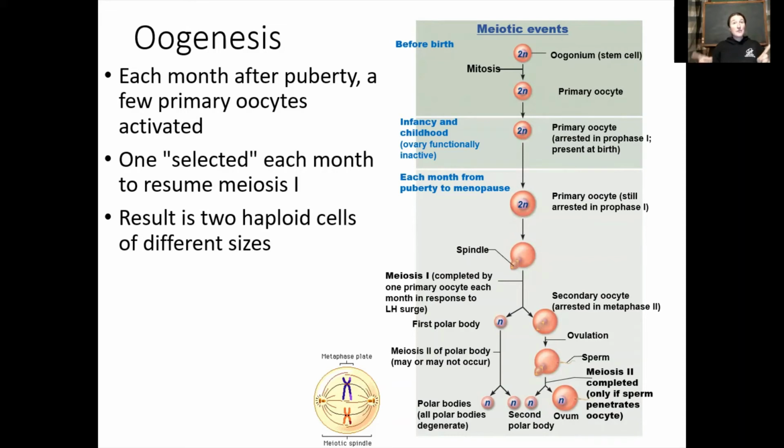Now, another difference between spermatogenesis and oogenesis is that this cell division is not equal. Spermatogenesis is going to produce 4 equally sized, equally capable gametes. Here, in females, this process is shooting to produce 1 gamete and only 1.